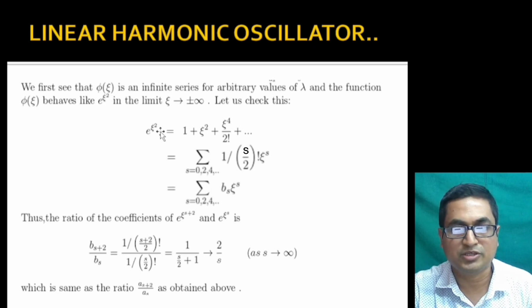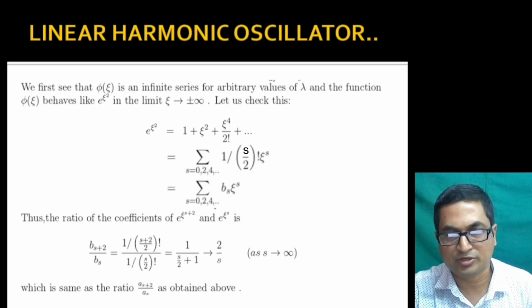We know that e to the power x is equal to 1 plus x plus x squared divided by 2 factorial plus x cubed divided by 3 factorial, and so putting all these things in a summation convention, we put e to the power xi squared equal to the summation of b_s xi to the power s, where s goes from 0 to infinity.